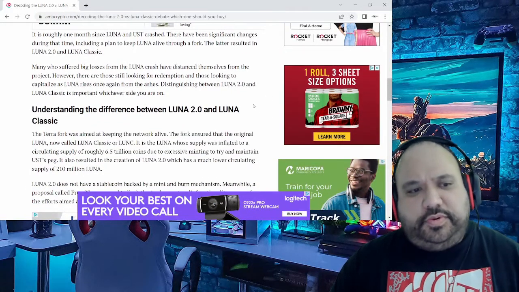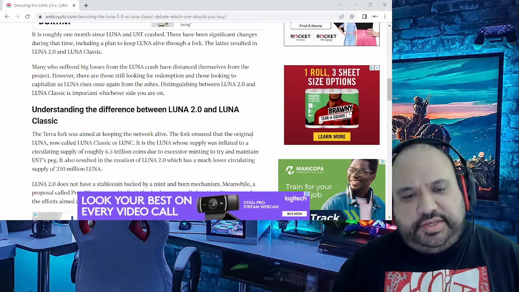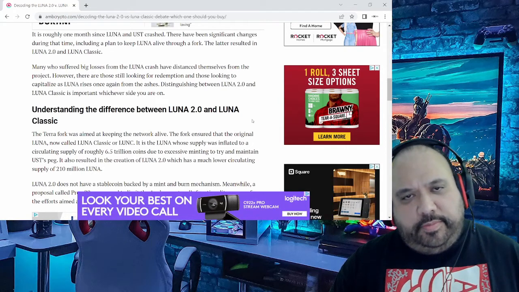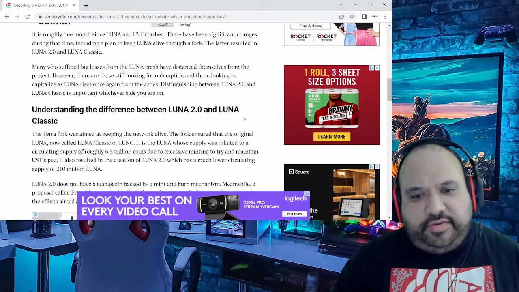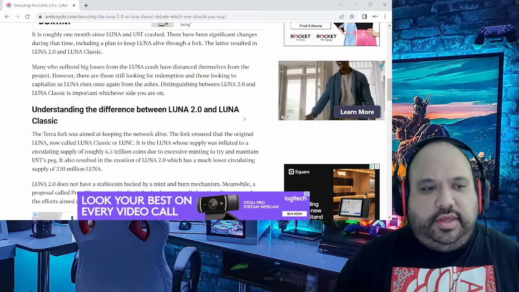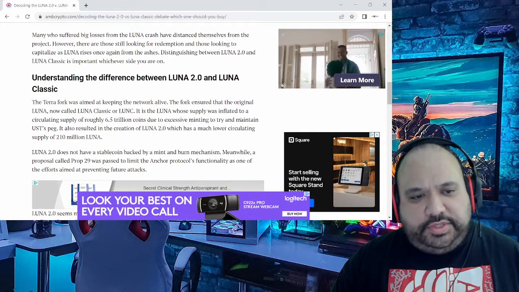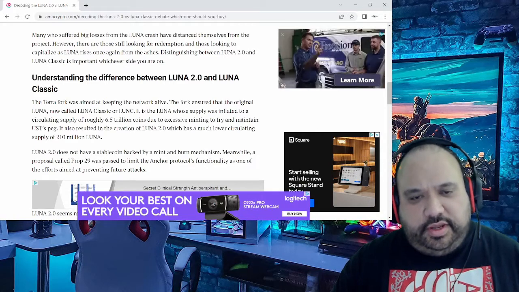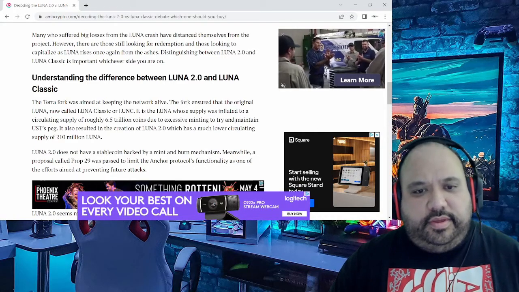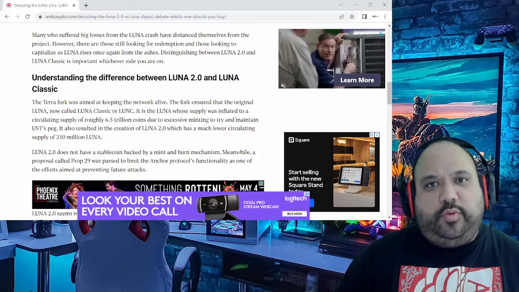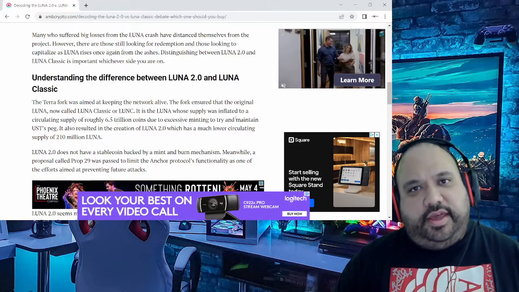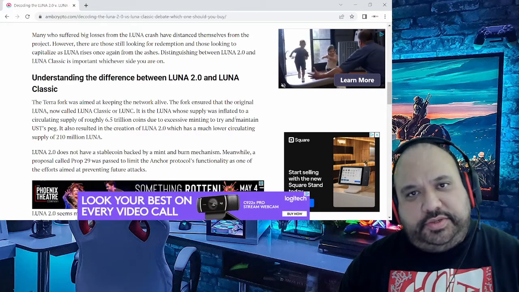We know the whole story in regards to this, but if you're wondering about the difference between the two, which of course I recently covered, there's a little bit more to it. The Terra fork was aimed originally to keep the network alive, and of course it is still alive, but there have been more and more proposals brought to the table.